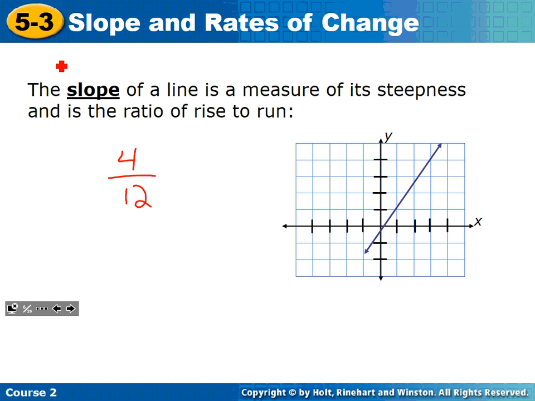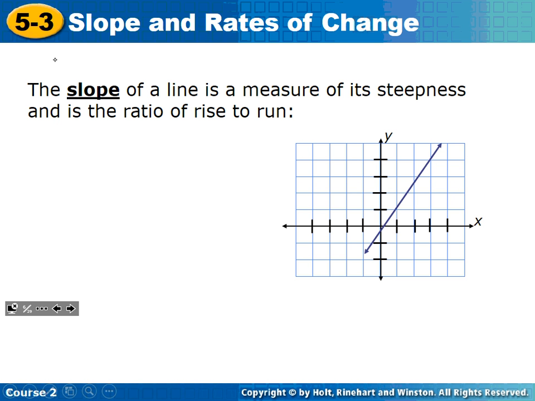So what that means is for every 12 inches or 12 feet or 12 miles or whatever it is, for every 12 over, it goes up 4. How far does it rise versus how far does it go over? Rise to run. So it rises 4. So that's what it looks like.